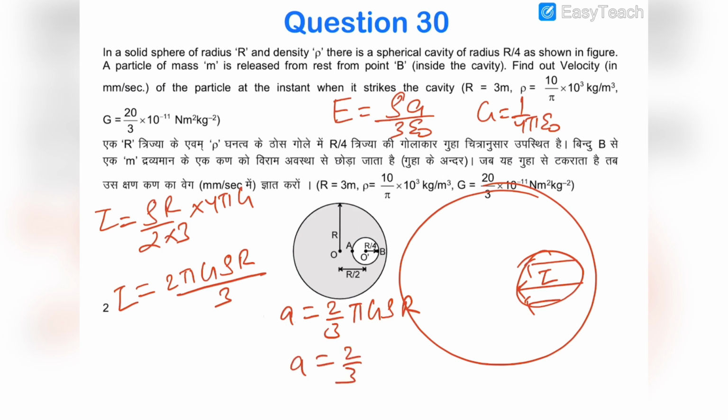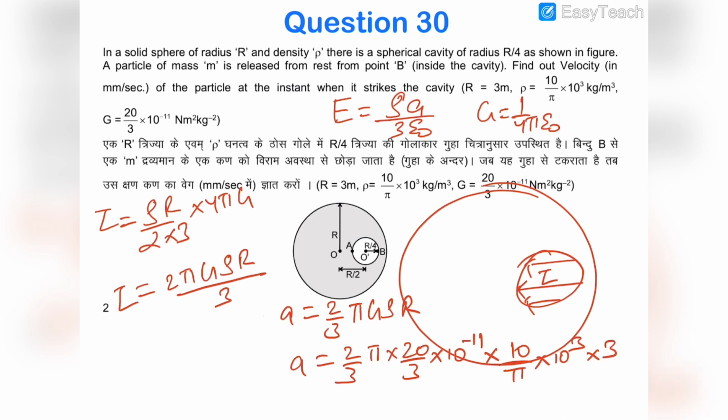So this is 2 by 3 pi, and G is 20 by 3 into 10 raised to power minus 11, and rho is 10 by pi into 10 raised to power 3, and r is 3.